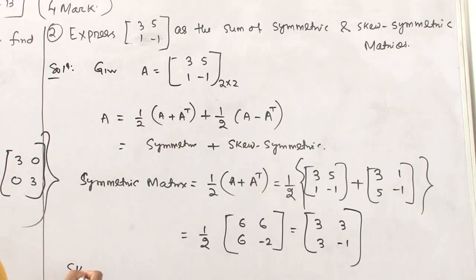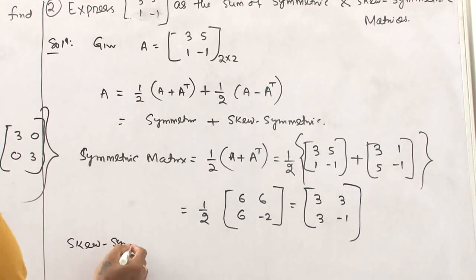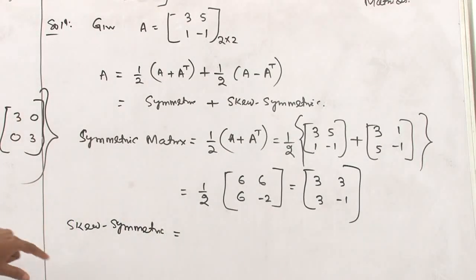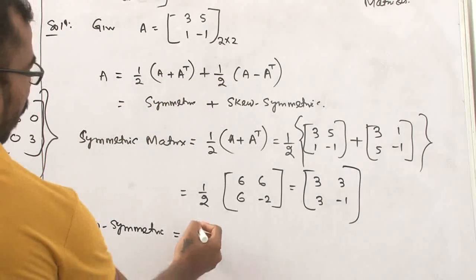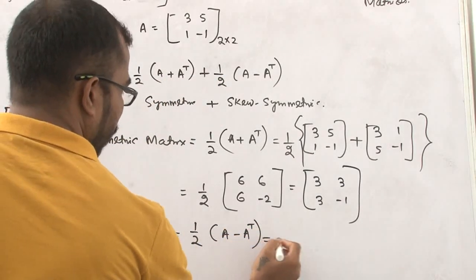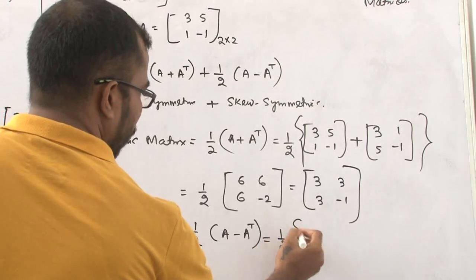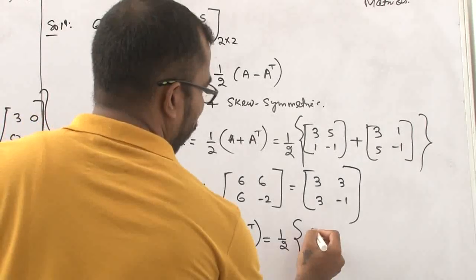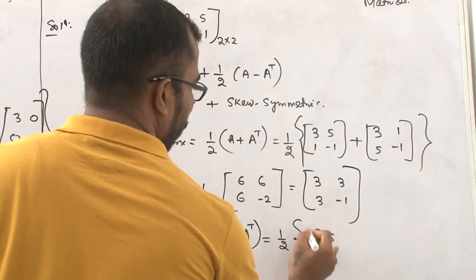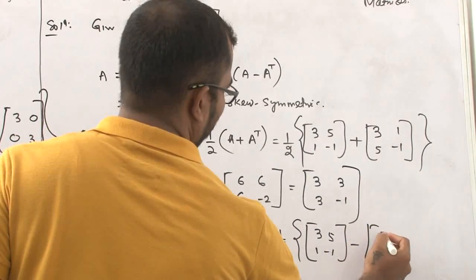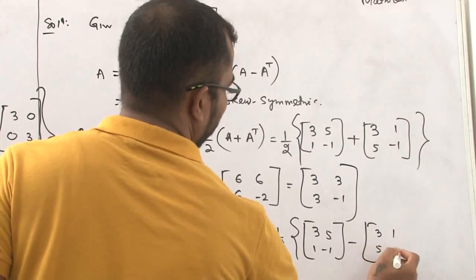Now find the value of the skew symmetric matrix, which is half of A minus transpose of A. So if we put the value of A, it is [3, 5; 1, minus 1] minus the transpose of A, which is [3, 1; 5, minus 1].